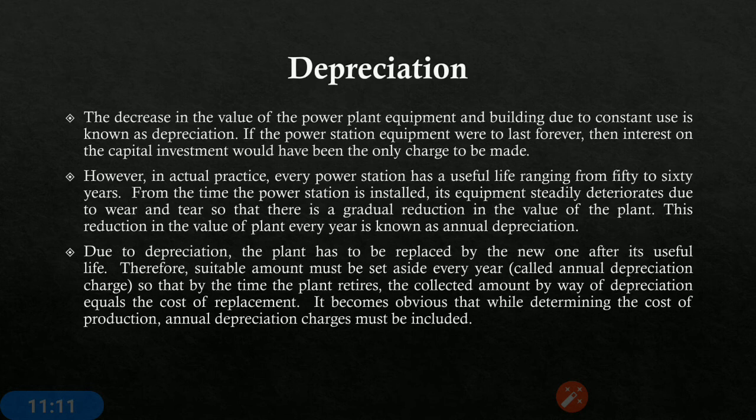To construct the new plant, a suitable amount must be kept aside every year so that at the time of replacement, the collected amount equals the cost of replacement. So, for the cost of production of electricity, the annual depreciation charge must be included.